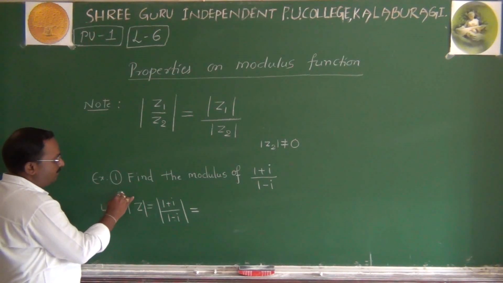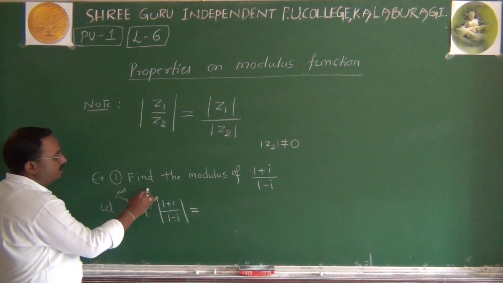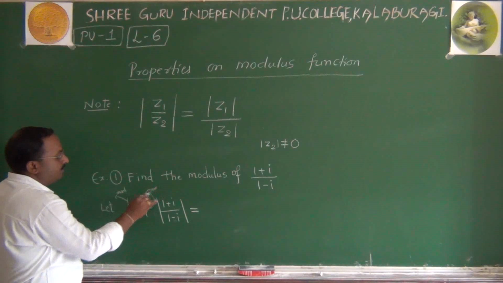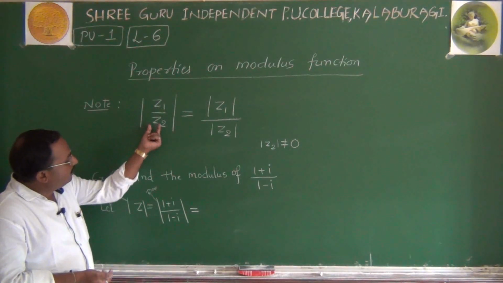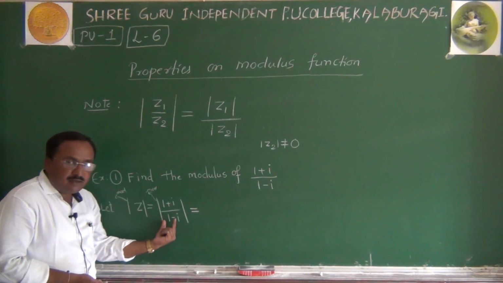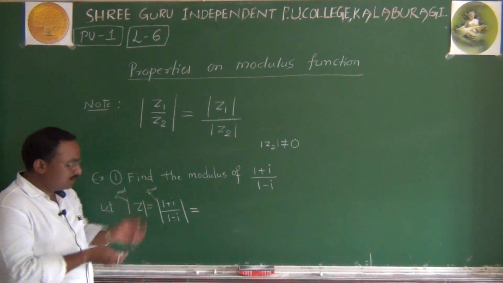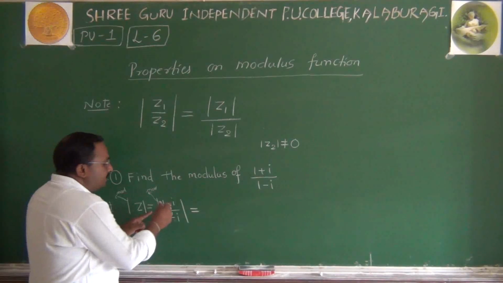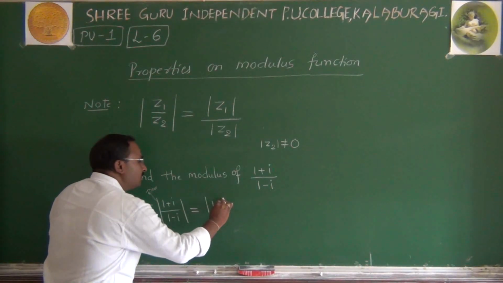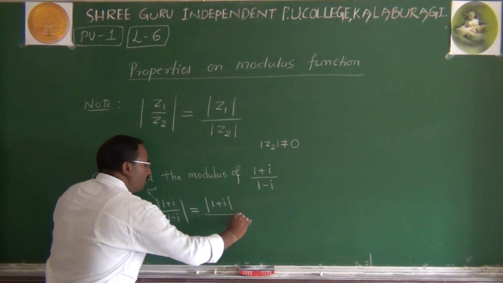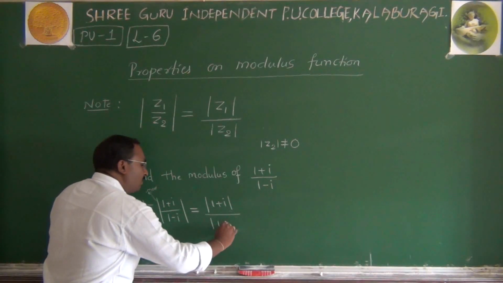This is the modulus definition. Here the numerator is there, the denominator is there. According to the note, this can be written as separate numerator modulus and separate denominator modulus.